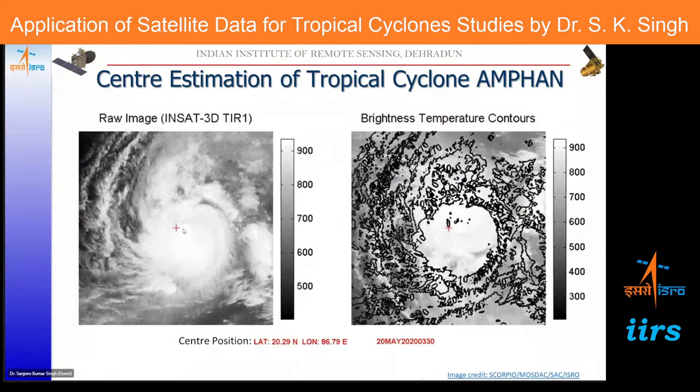Using that, they are estimating the center of the tropical cyclone in real time. They have estimated many centers, and they are providing them in real time in an operational manner.